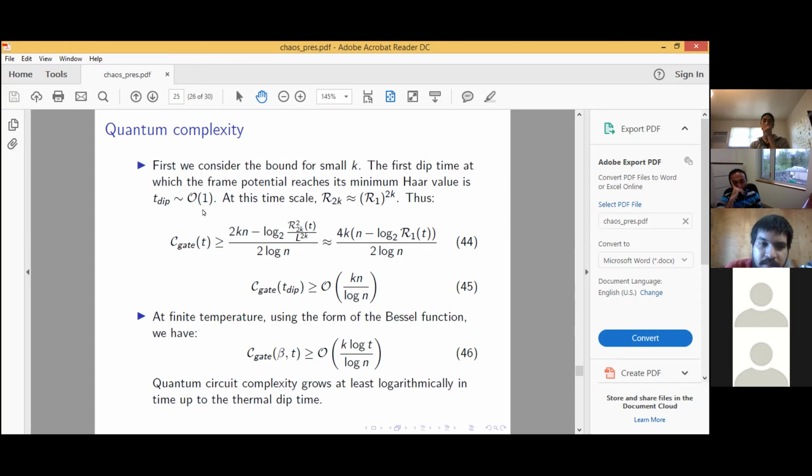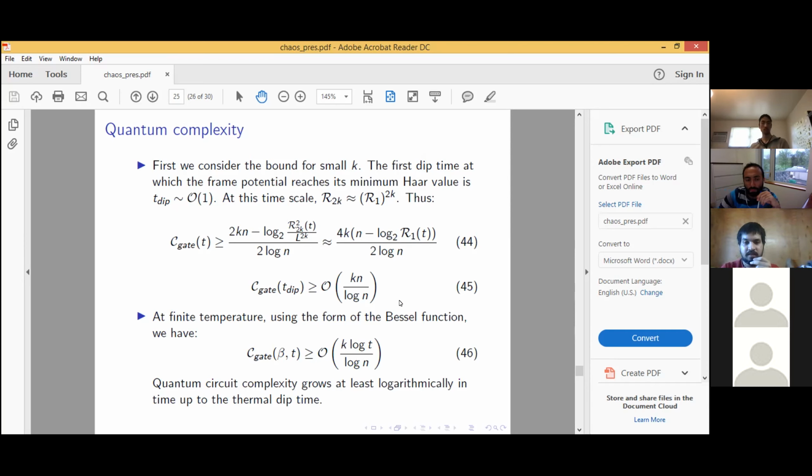The first dip time, at which the frame potential reaches the minimum Haar value, is of order 1. At this time scale, we can write R2k as R1 to the 2k. So here the gate complexity is bounded below by this object, and in big O notation the complexity is of order kn divided by log n.